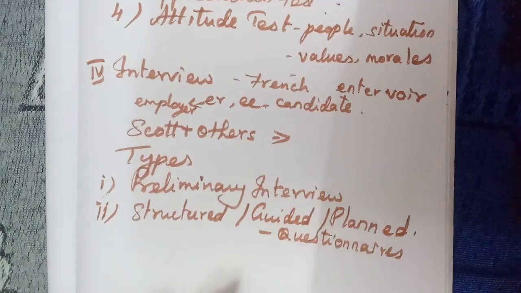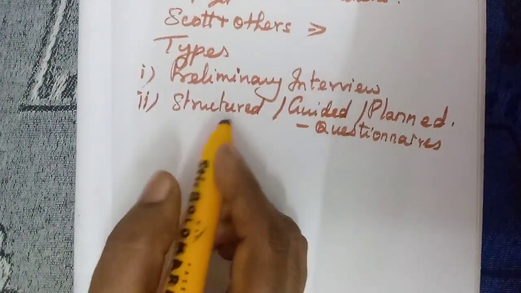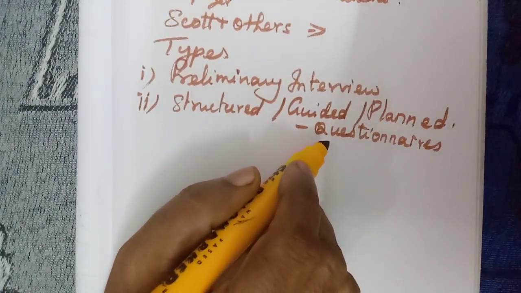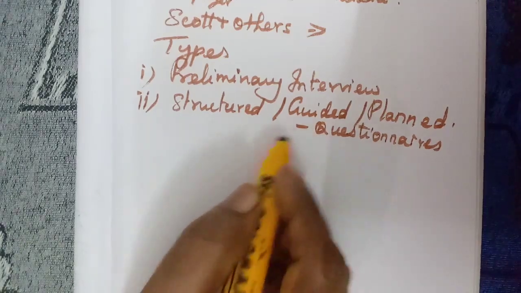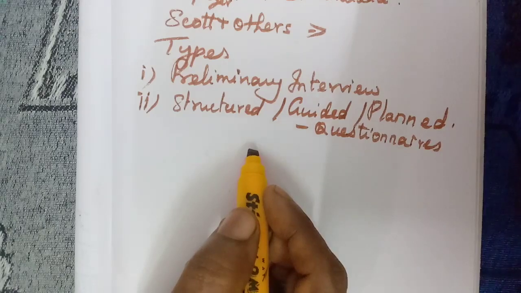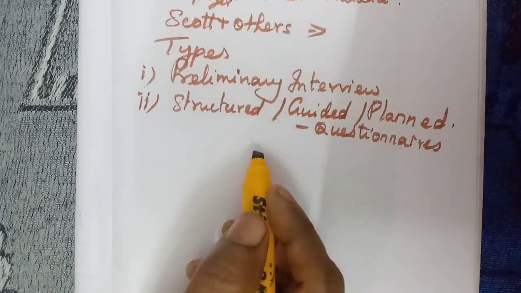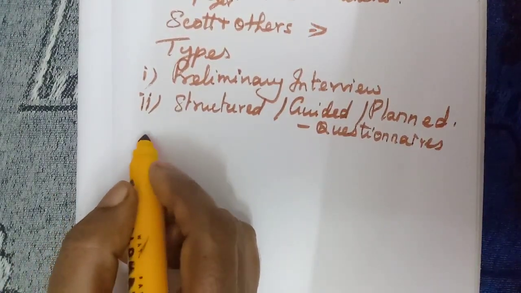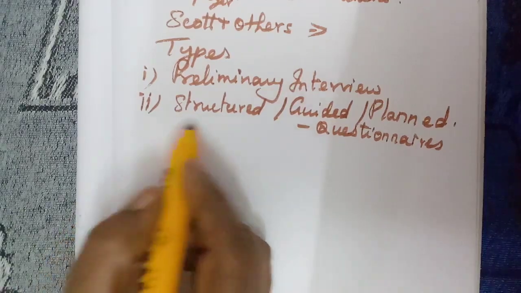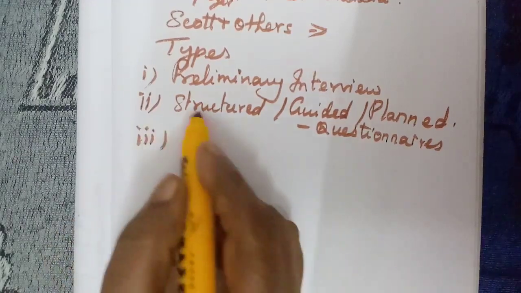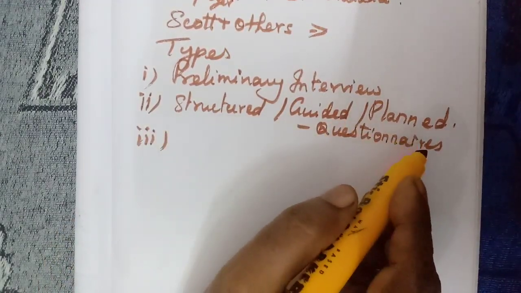These questions will be given to the candidates. They will be asked to fill them, then they will give marks as per their standards. Whether the answer is correct or not, they will give marks. Those who have scored more marks will be called for the next process. That is the second kind of interview, structured or guided or planned interview.